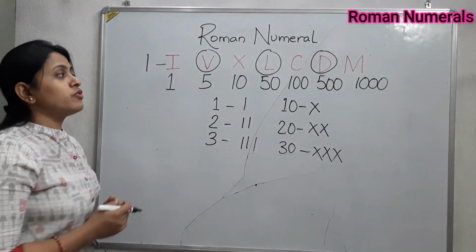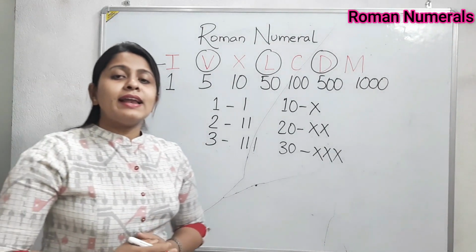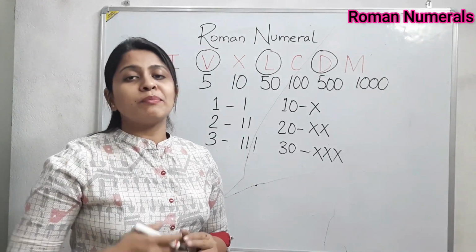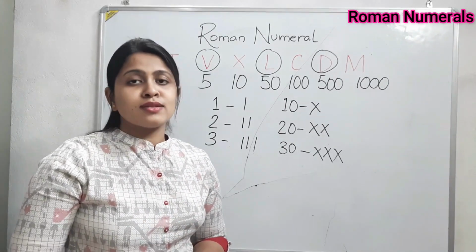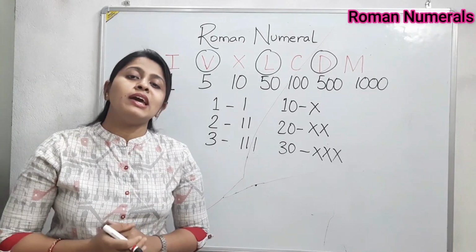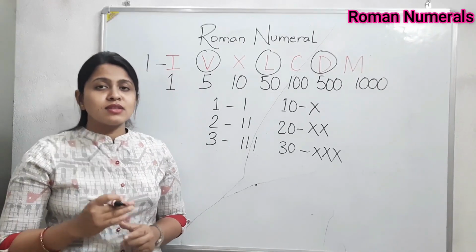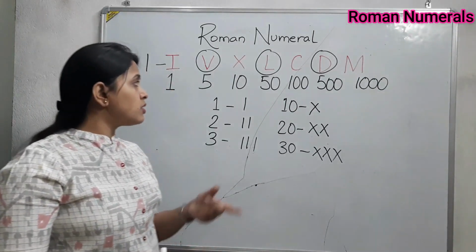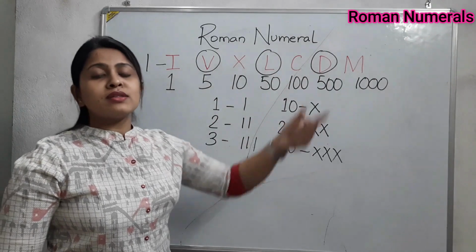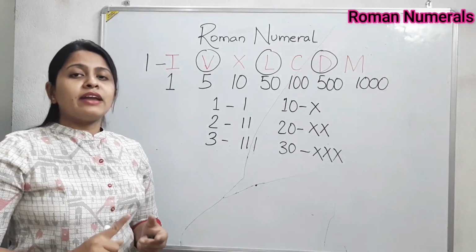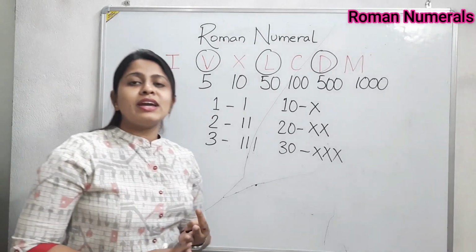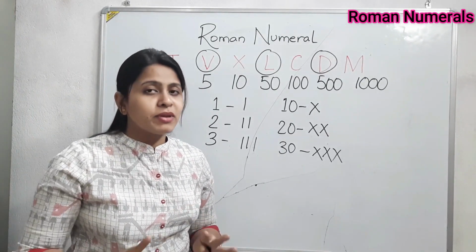But what about V, L, D? V, L, D cannot even be repeated twice. So there are 2 cases: the 4 alphabets can be written up to 3 times, not more than 3 times, and V, L, D cannot be repeated.